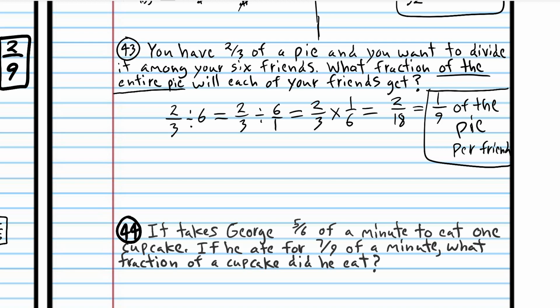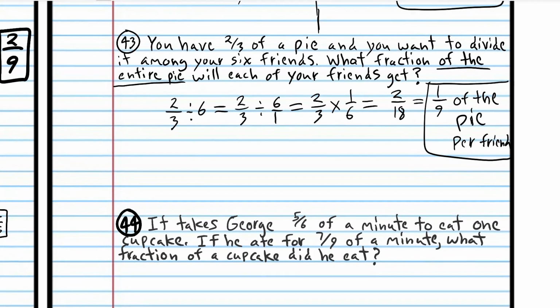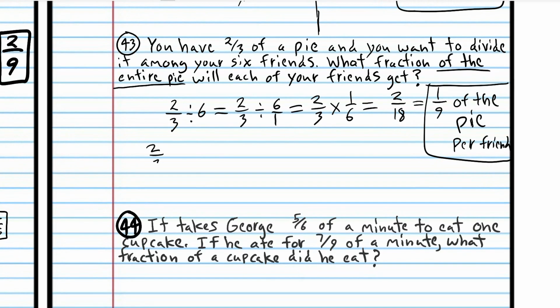So this problem is a little bit different. If you use the factor label method, it would be 2/3 pie, and you're taking pie and dividing it by 6 friends, and you get pie per friend. So pie changes to multiplication.